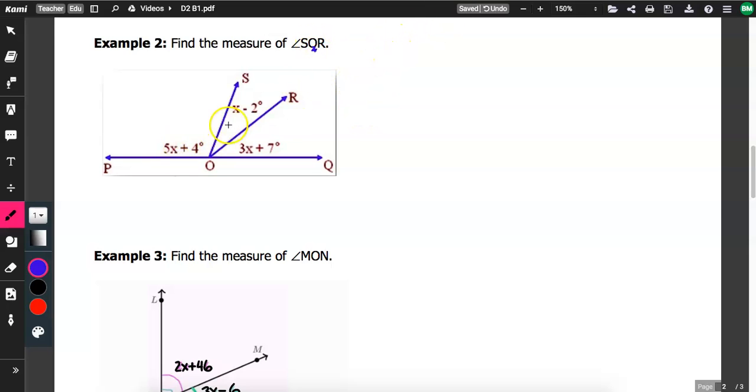But we know all three of these guys are supplementary. So we're going to add them all up. 5x plus 4 plus x minus 2 plus 3x plus 7 equals 180 degrees. So it can be more than two angles that are supplementary to each other, right, if they all add up to 180.